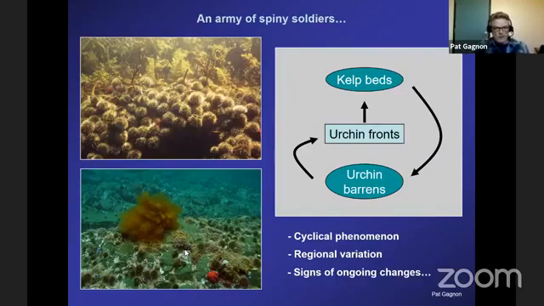We know that ocean warming is affecting kelp, which are usually cold water species. So just keep in mind that we have this dynamic, but it's also changing as we move into a warmer ocean.